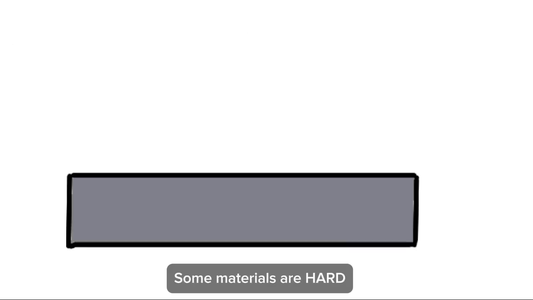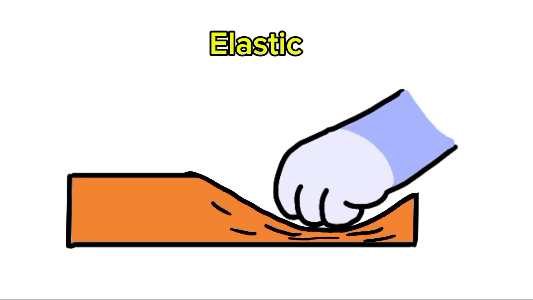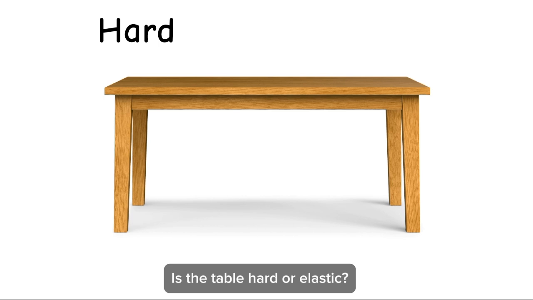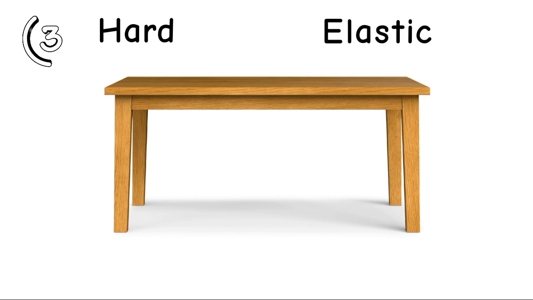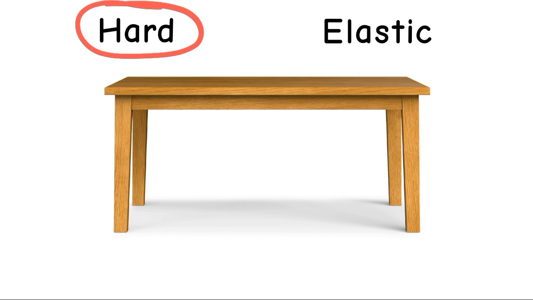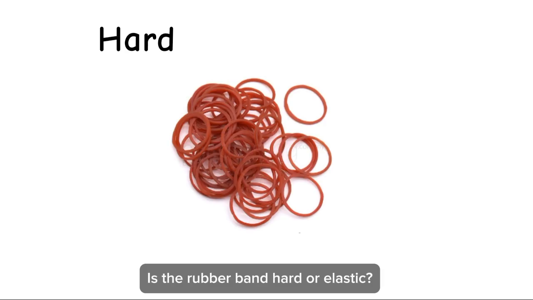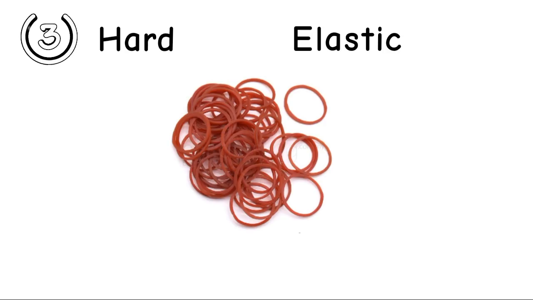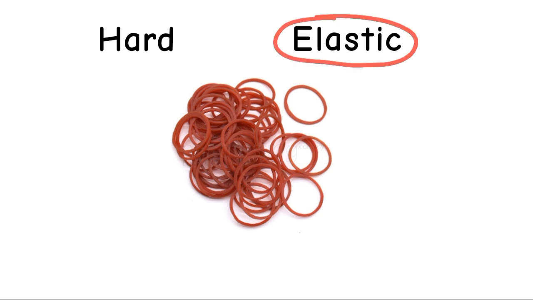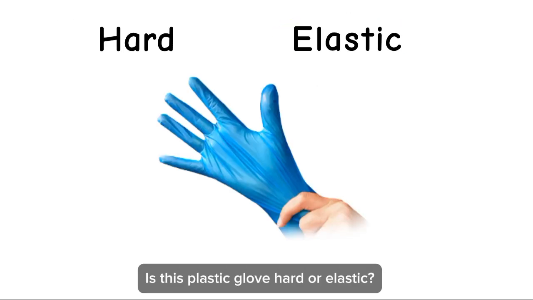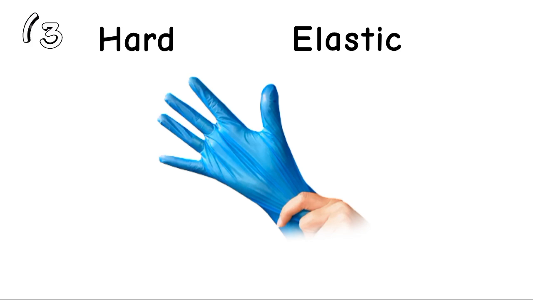Right, now let's learn about the characteristics of materials. Some materials are hard and some are elastic. Is the table hard or elastic? It's hard. Is the rubber band hard or elastic? It's elastic. Is this plastic glove hard or elastic?